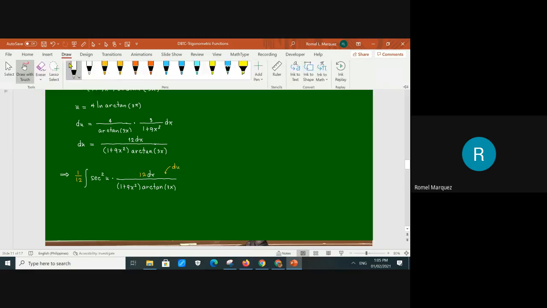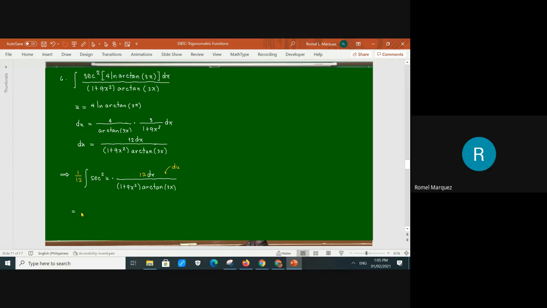What's the answer, guys? So, it is equal to 1 over 12 tangent of u. But what is my u, guys? 4 ln of arctangent of 3x.